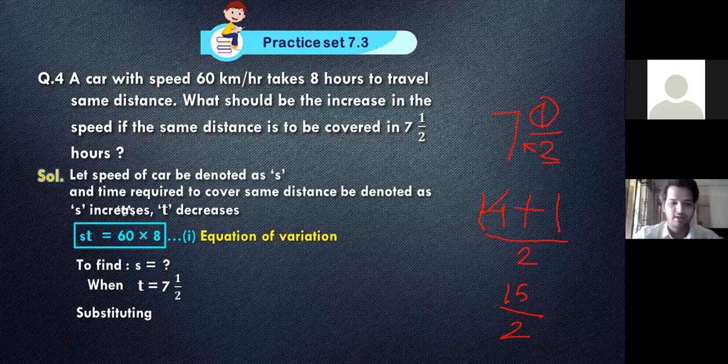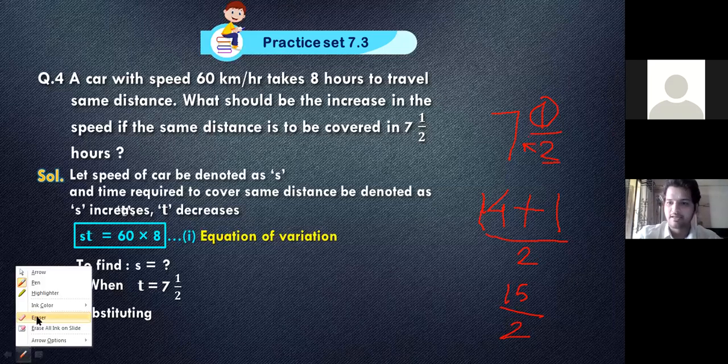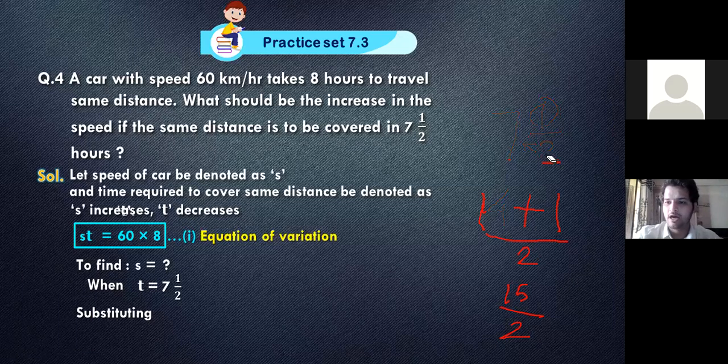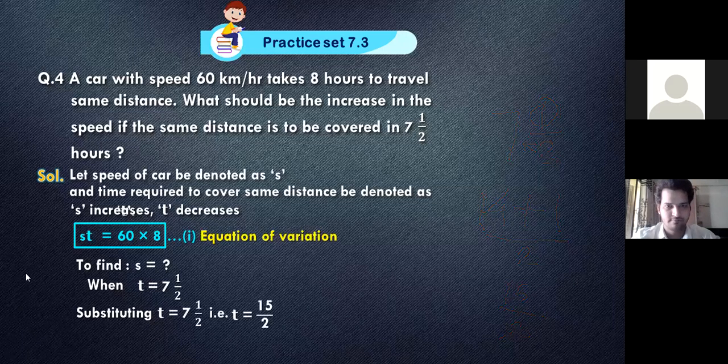So what answer are we getting for 7.5? Yes, it is 15 upon 2. So we will substitute 15 upon 2 directly, or you can substitute 7.5 also. But remember, if you substitute 7.5, it will be quite complicated for you to solve.